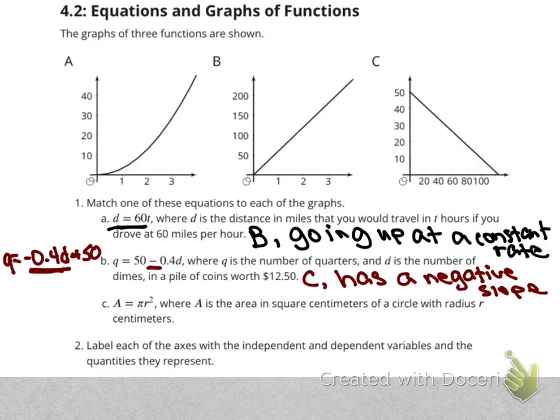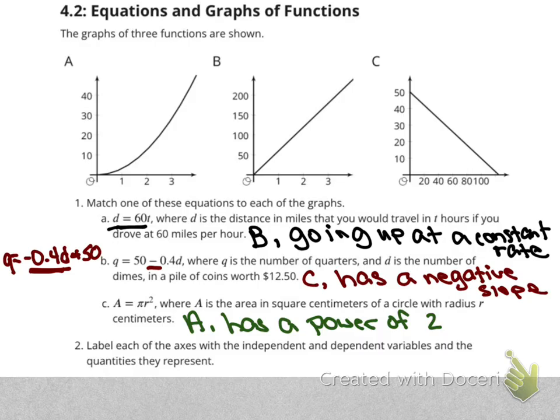That one's got that power of 2 that I told you about. So that's going to be your one that curves. So that's going to match with A. It has a power of 2. Alright. So now I've got each one of these matched.